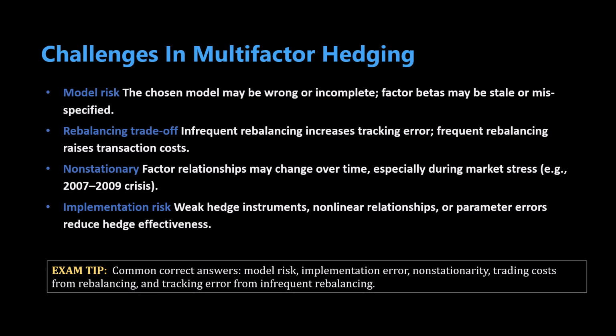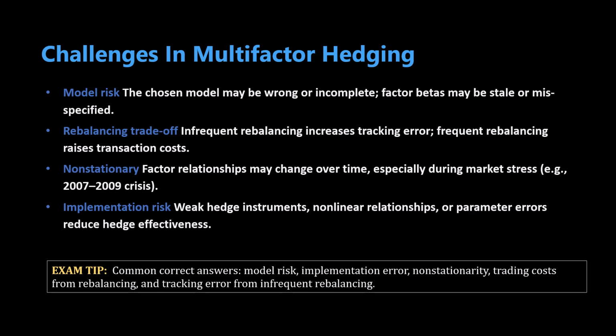The second challenge is the rebalancing trade-off. If you rebalance your portfolio too infrequently, factor exposures drift and tracking error increases. In contrast, if you rebalance too frequently, transaction costs may become too high and destroy the economic value of the hedge. The third challenge is non-stationarity.